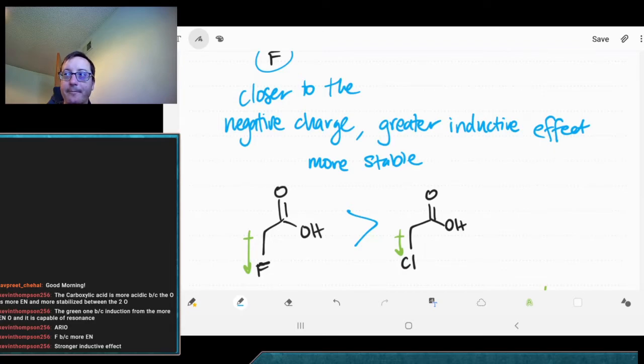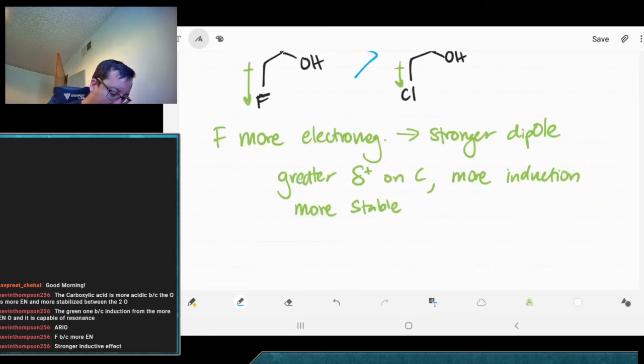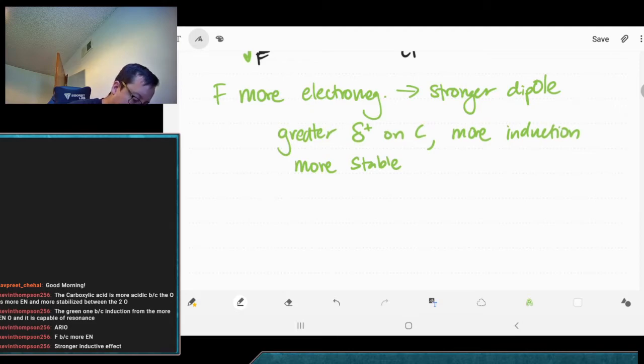All right. Induction can also kind of work against us as well. We have a minor effect here, but it's still useful to talk about.